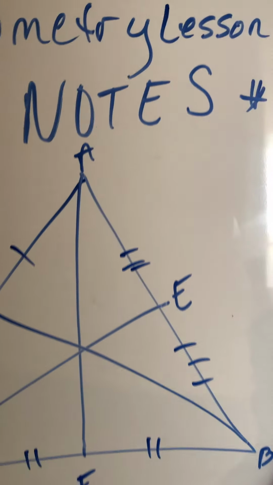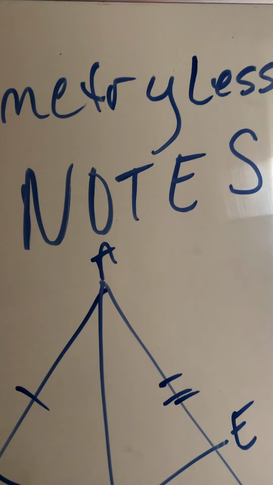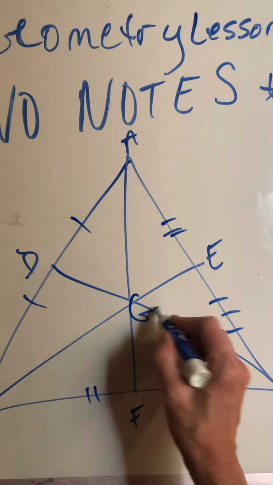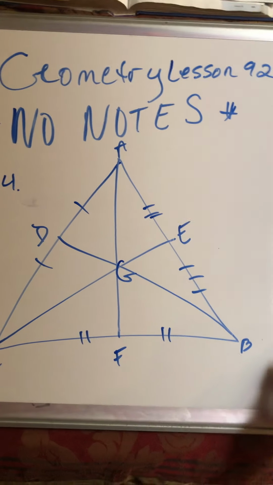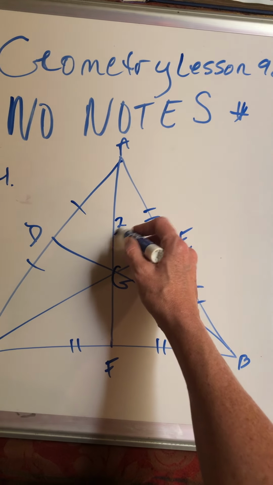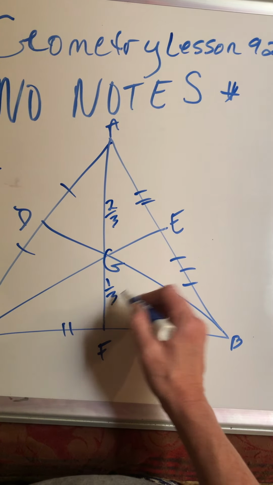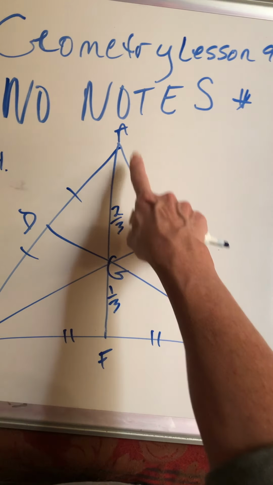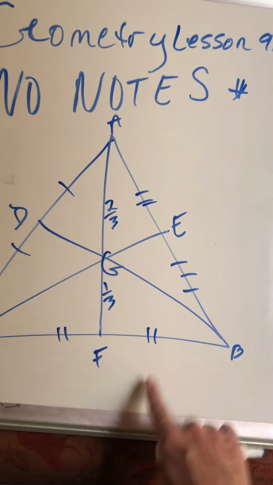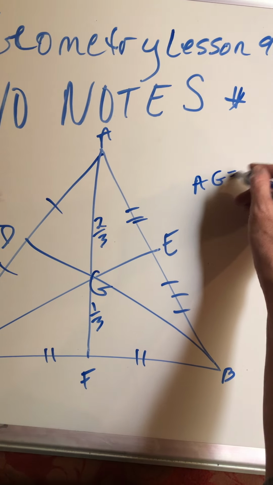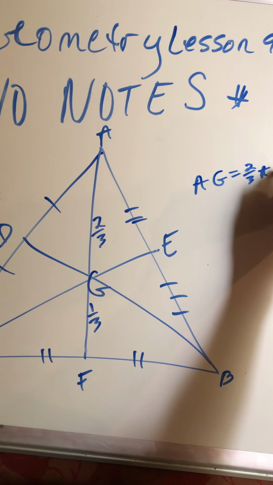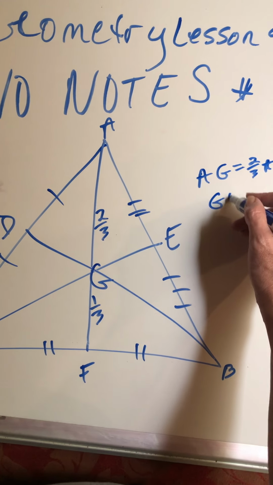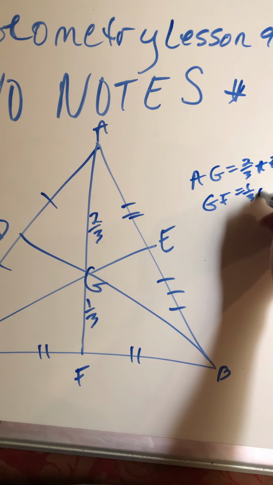I just want to show this and remind you how it sets up. So that means G would be our centroid. So remember, there's a 2/3, 1/3 thing. So AG is 2/3 of AF. GF is 1/3 of AF.